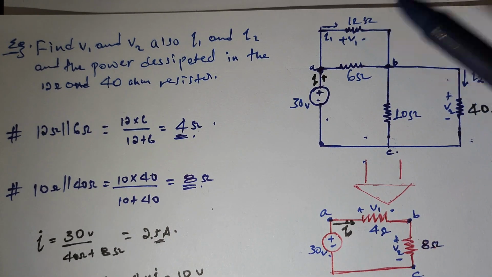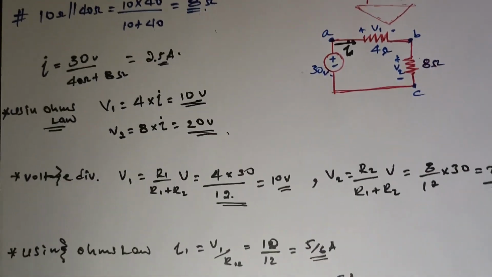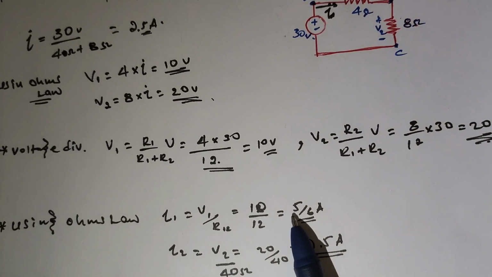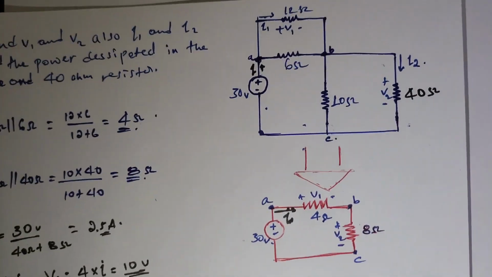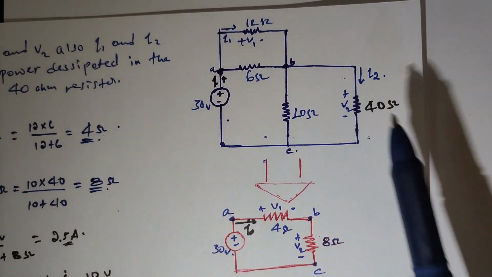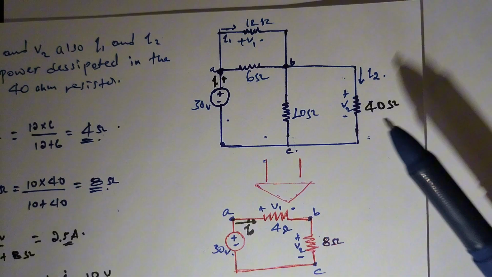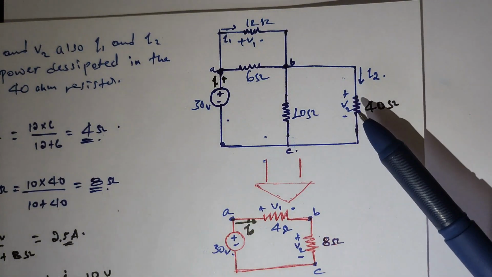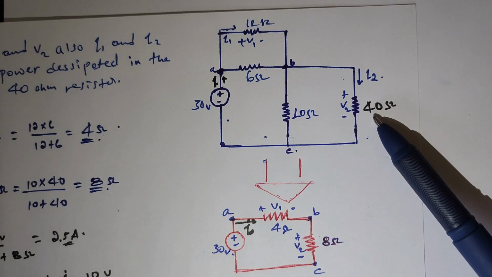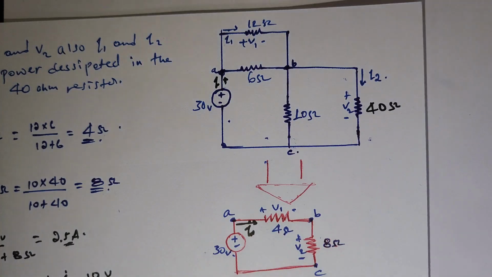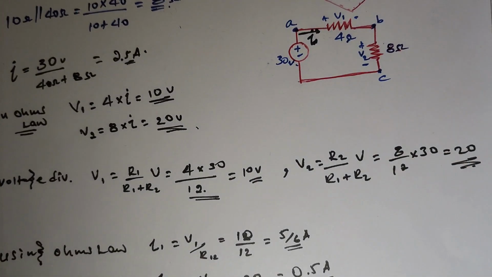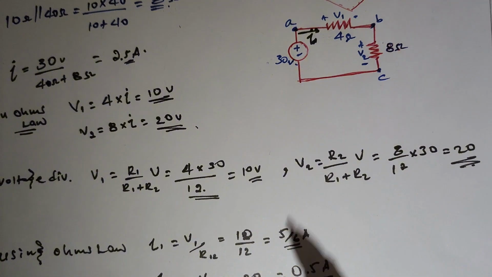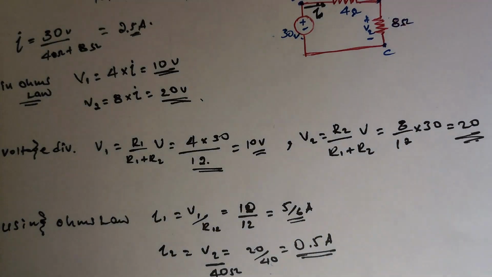So V1 divided by 12, and I1 will be 5 over 6. Also I2 is V2 divided by 40. So this is how you can calculate I2: 20 divided by 40, which is 0.5 ampere.